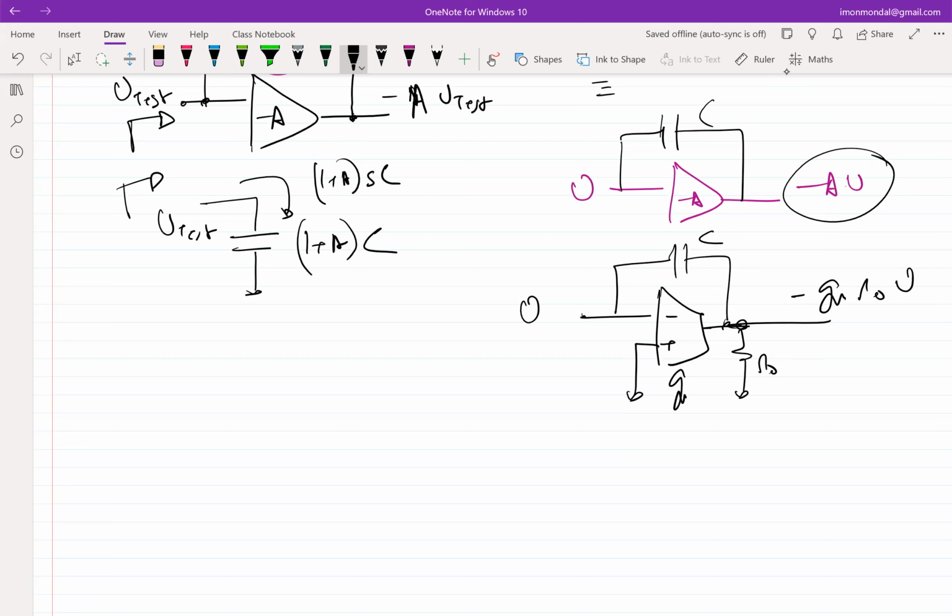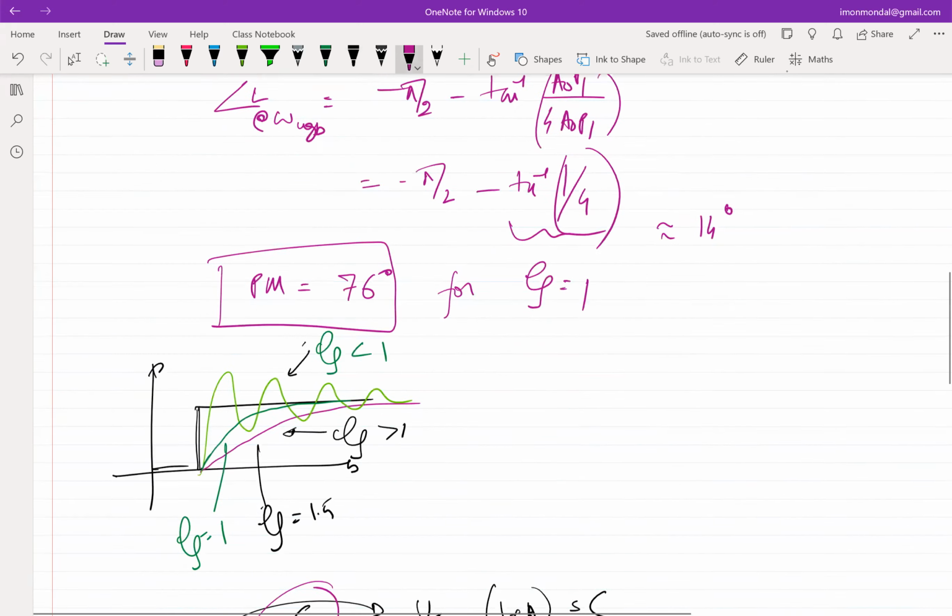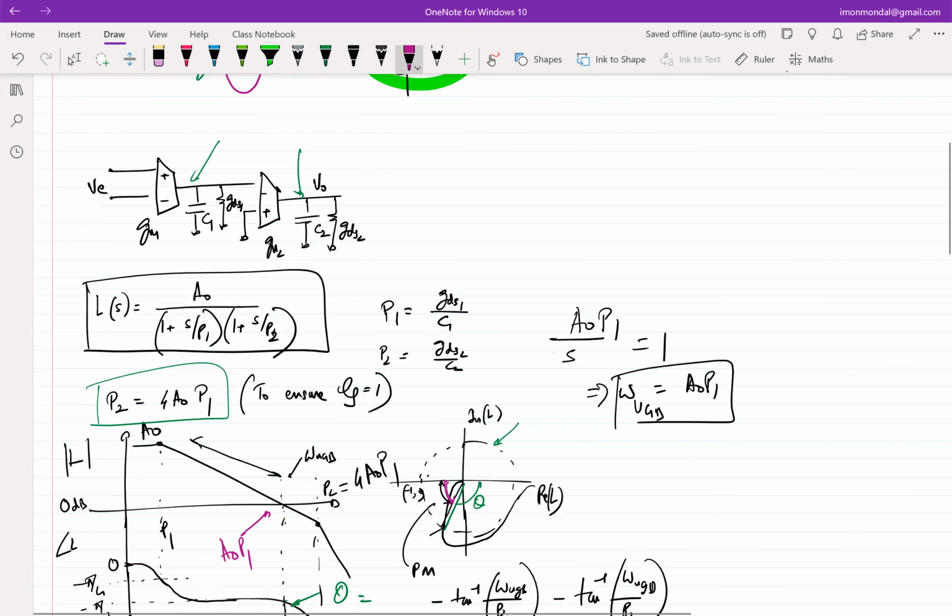Now, I will show you the math and I'll try to convince you. But for now, let's assume that condition is valid. If that condition is valid, where can I use this contraption? So I have that contraption here, right?